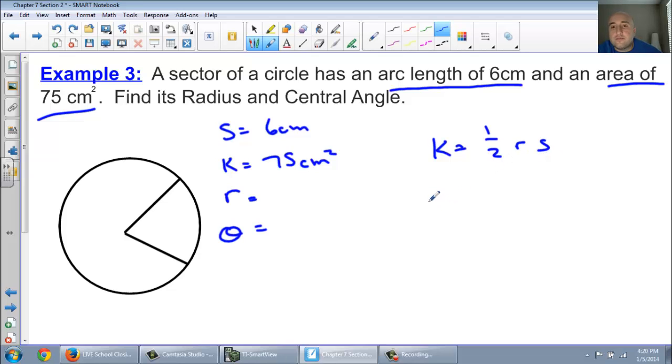Let's fill in what we know. We know K is 75. 1/2 times radius, which we do not know, over 1, times S, which is 6 over 1.